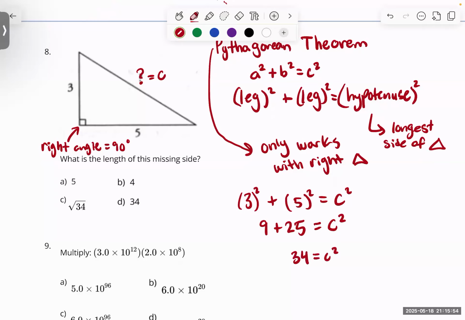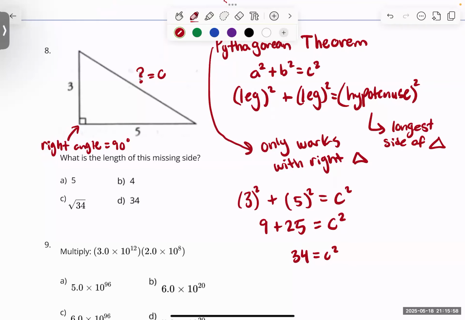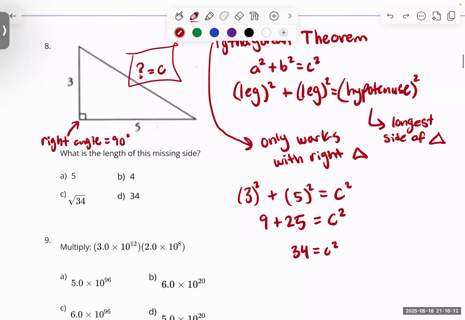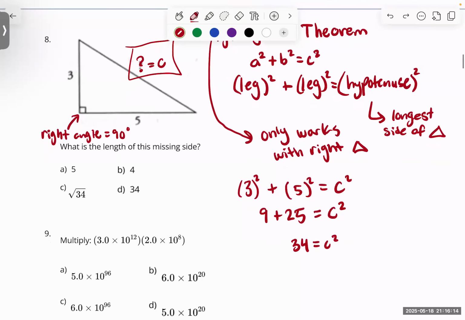Now, a lot of students stop here and pick D, but that's not the answer, because our goal is to find C squared, our goal is to find C. We currently have C squared. We're not looking for C squared. So in order to get C by itself, we need to do what is considered the opposite of squaring something.